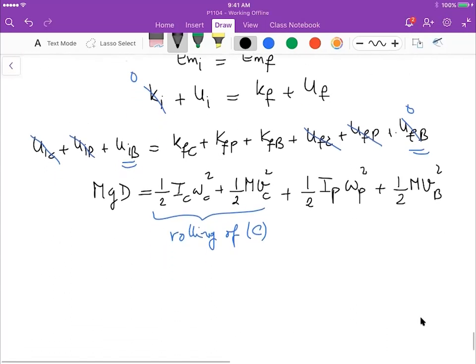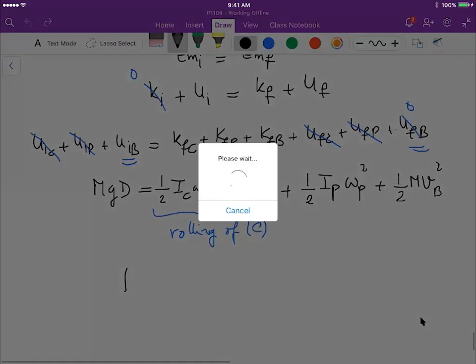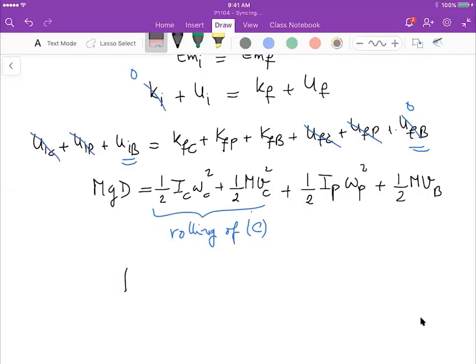Okay, now let's substitute everything with its value. So we end up with, okay, we have the following: m g d is equal to the moment of inertia of the cylinder with respect to the axis passing through its center.